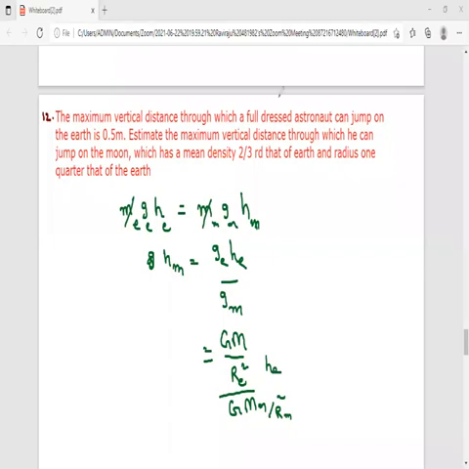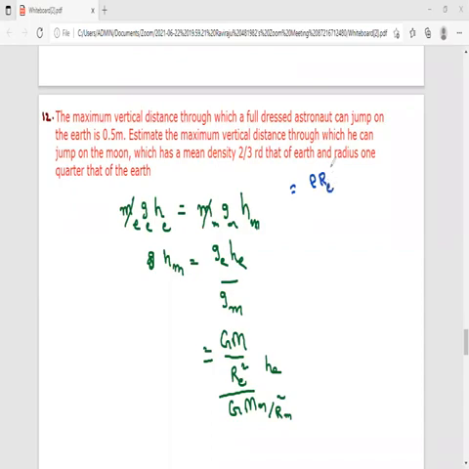Now capital G will get cancelled there. Mass information was not given, so better convert it into density. Mass equals density into volume, that is density into 4 by 3 pi r cube. In both cases 4 by 3 pi will also cancel, so I will write only in terms of radius.